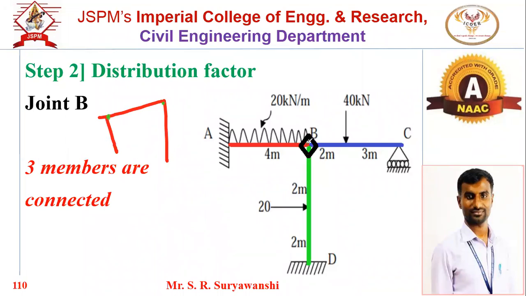Same funda as that of the continuous support. But here, if you observe the end support C, that is roller. So what adjustment do we have to do here for support C? Support C चं काय होईल?